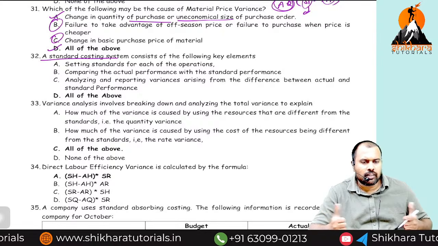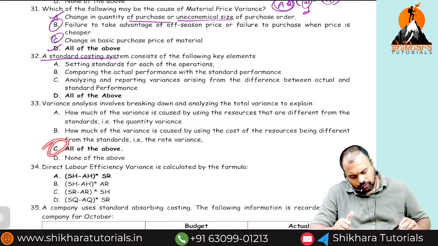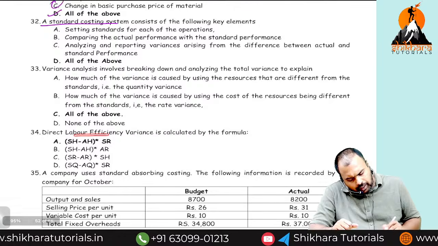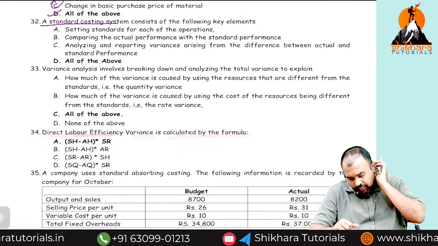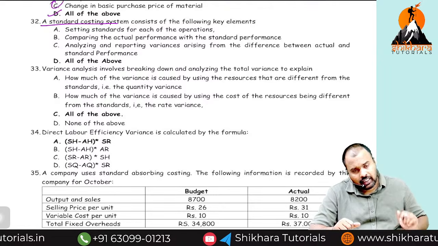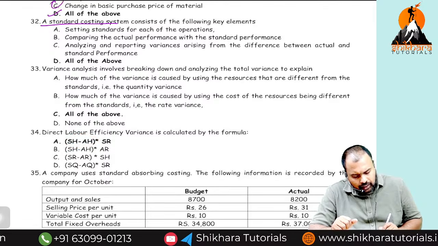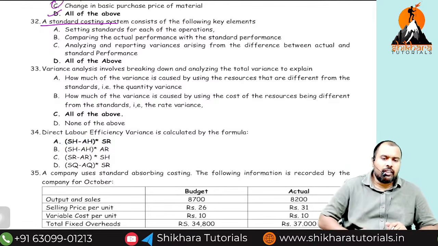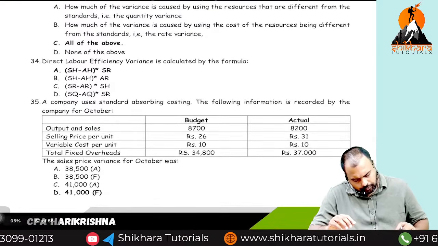So both are the reasons why there is a difference in cost variance. So, both of those. Next, direct labor efficiency variance is calculated. Efficiency variance, sir, compares the difference between standard hours and actual hours, so SH minus AH. When we are comparing efficiency, the rate has to be the standard. Got it? So A has to be the answer.